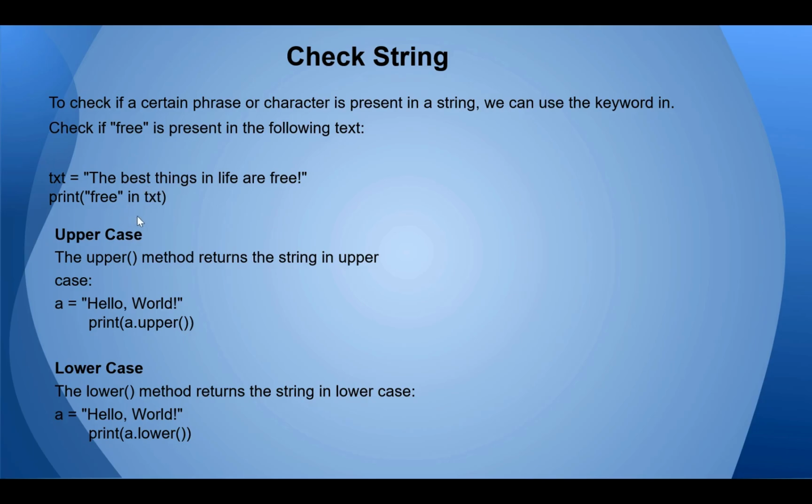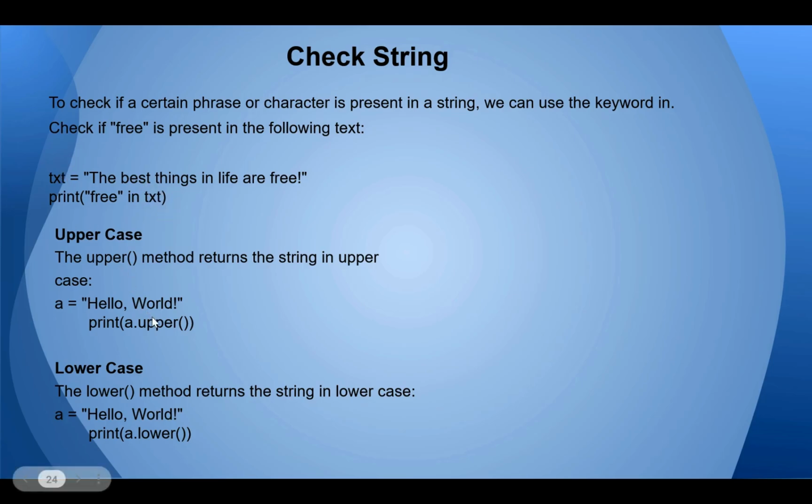Now I want to check whether this free is present in my phrase or not. So free in txt. If you remember in the operators, we have seen the membership operators in and not in. So we are using it here. The in operator will check whether this word is present in this string, txt, or not.